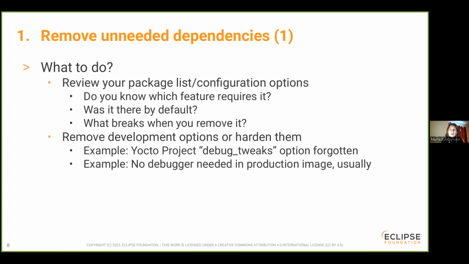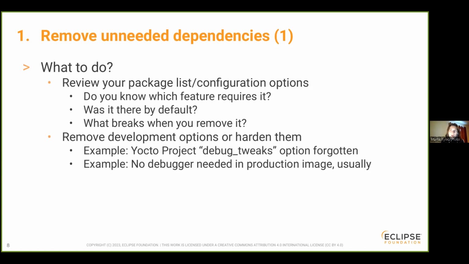So, debug options that can be forgotten are, for example, debug tweaks when you are using the IoT project's configuration. It's an option adding some features that are useful during development time, but it should never be enabled on a production device. It happens that people just forget about this option and leave it on.